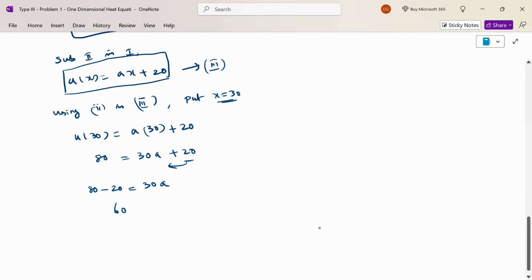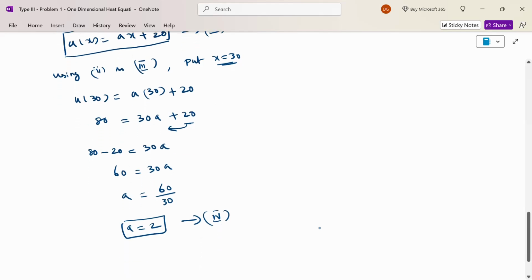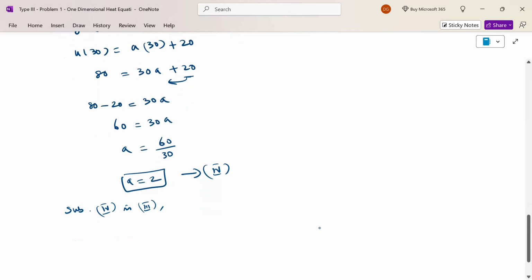So this is 60. a equal to 60 by 30, a equal to 2. I consider this the fourth equation. Substitute the fourth equation into the third. Therefore u of x equal to 2x plus 20. So this is the fifth equation. This equation holds at time t equal to 0.